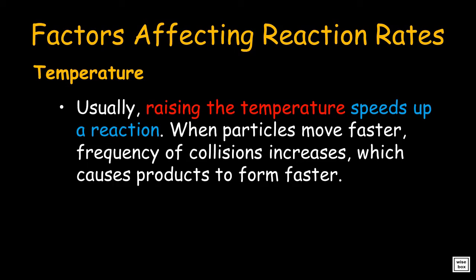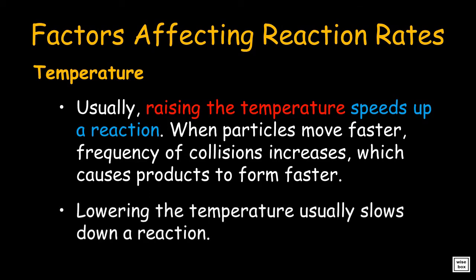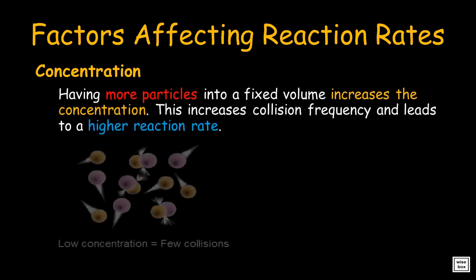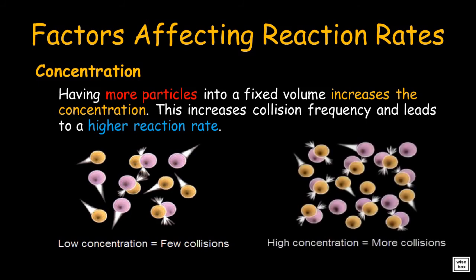When particles move faster, frequency of collisions increases, which causes products to form faster. And lowering the temperature usually slows down a reaction. Having more particles in a fixed volume increases the concentration. This increases collision frequency and leads to a higher reaction rate.